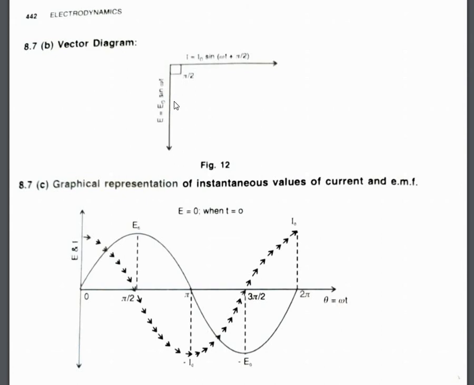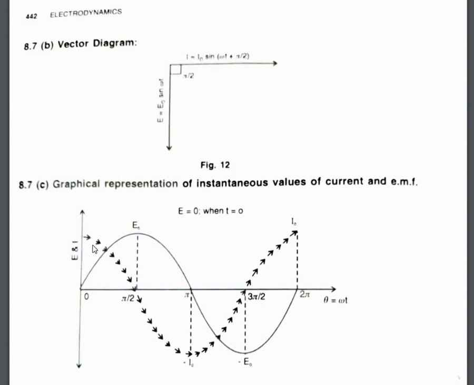So when we represent voltage as E is equal to E0 sin omega t, the current is given by I0 sin of omega t plus pi by 2, or the current leads the voltage by an angle pi by 2 in the case of a purely capacitive circuit. When you represent I as I0 sin omega t, then you can write E as E0 sin of omega t minus pi by 2. We can represent this in both ways.